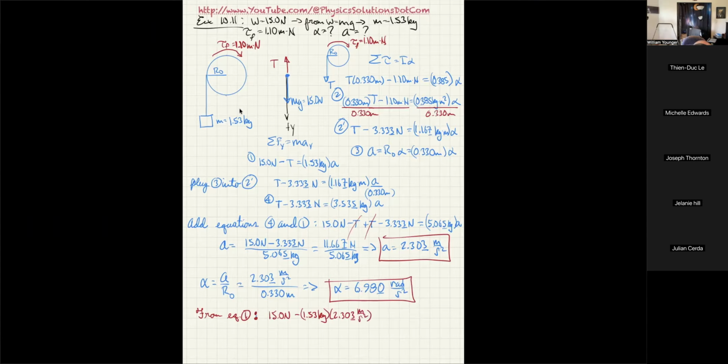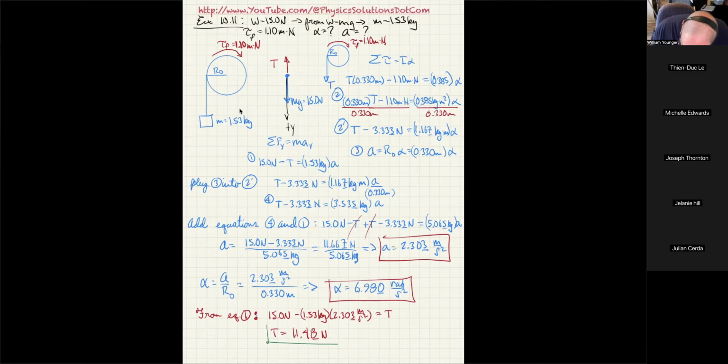And then all of that is equal to just plain T. So we get that T should be 15 minus 1.53 times 2.303. That gives me 11.48 newtons is the tension.